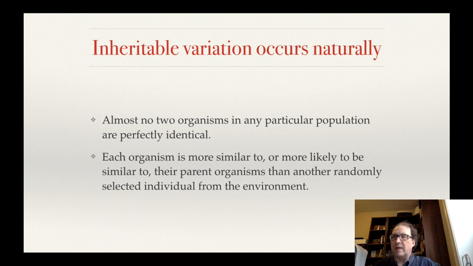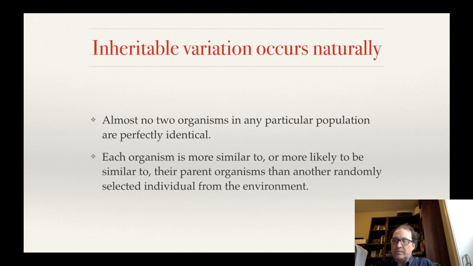I'm more similar to, or at least more likely to be similar to, my parents, and you're more similar to your parents than if I just randomly picked even another human being out of the world. So traits are inheritable, and the differences are sometimes inheritable. That is, we have these traceable lines of inheritance that we can take advantage of.